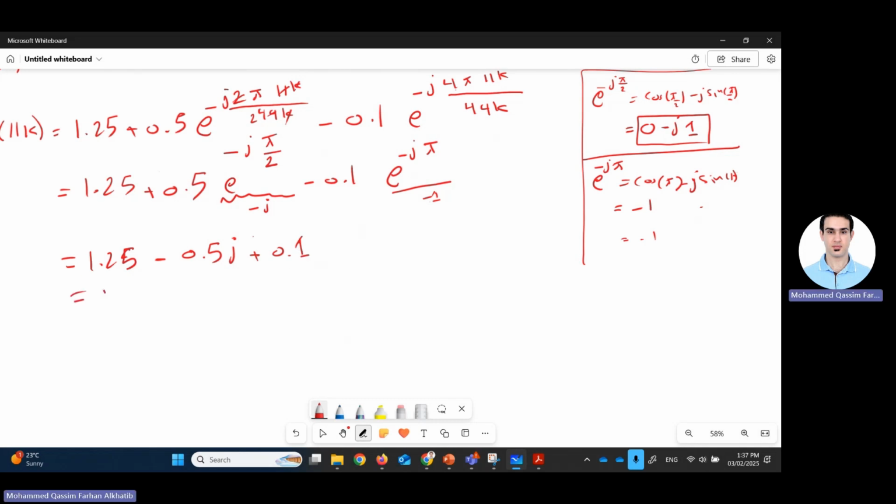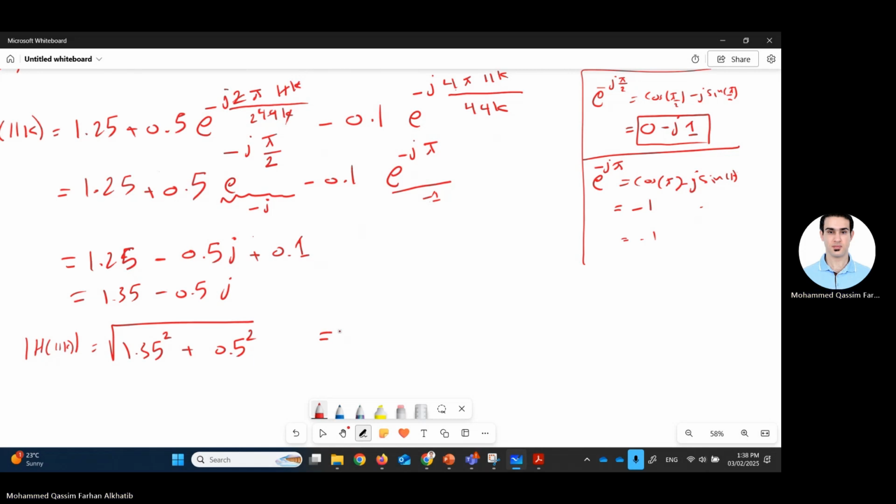So it's going to be 1.35 minus 0.5 j. Then the amplitude of H of 11k equals the square root of 1.35 squared plus 0.5 squared. Can you do that in the calculator? That's going to be 1.44.